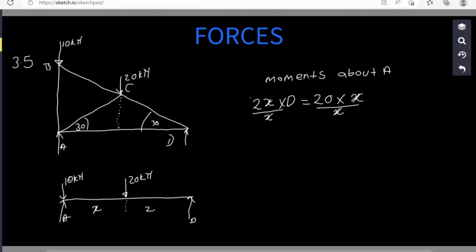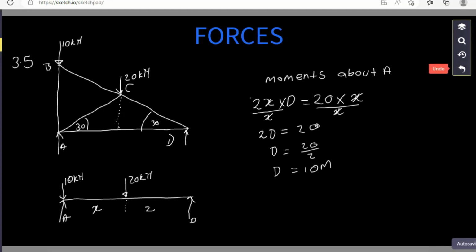We are now left with 2D is equal to 20, and our D is equal to 20 divided by 2, which is 10. D is 10 meters. No, not 10 meters, 10 kilonewton. D is a force. I'm sorry about that.